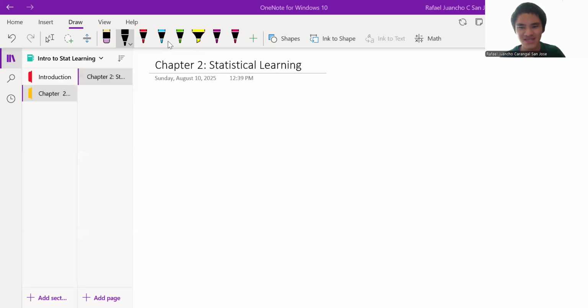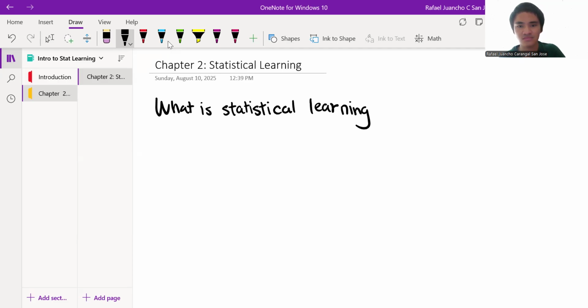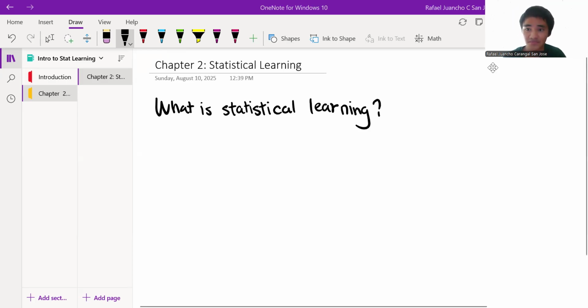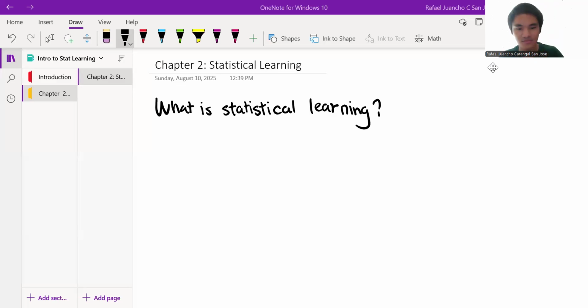We're trying to define what exactly is statistical learning. And so we start with an example, right? So what is statistical learning? So to start with our example, right? Okay, here's the example.